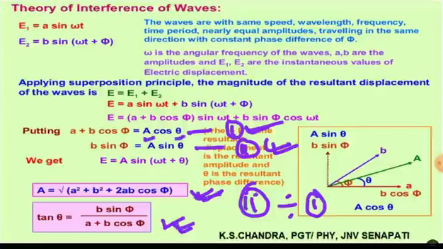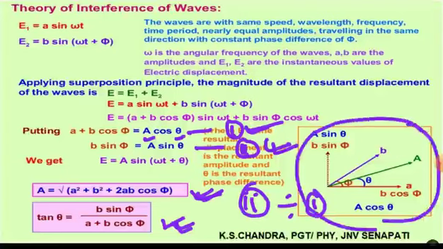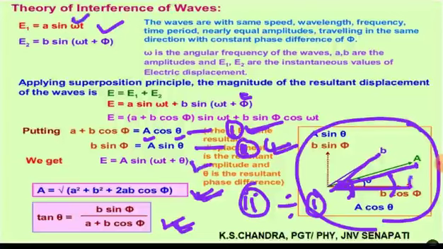Got it? And if you want to do it in terms of the phasor diagram, you can do it from here. This is what we have done. Your A is here, B is here, the angle between them was phi, right? This phi is here, and the resultant wave is here, and the phase difference between your resultant wave and the first wave is denoted by theta.